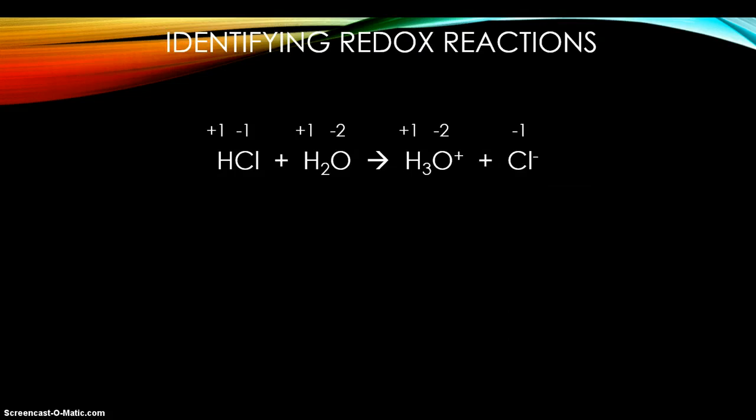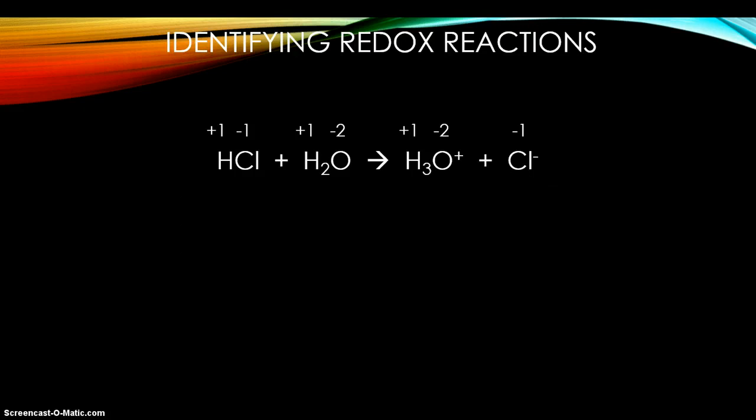Chlorine we know is -1 for a couple of reasons. One reason is that the sum of the oxidation numbers of a compound has to equal 0. We know that hydrogen's +1, so therefore chlorine has to be -1. Oxygen, on the reactant side with water there, is always -2. So there you go. You've got your oxidation numbers on the reactant side.